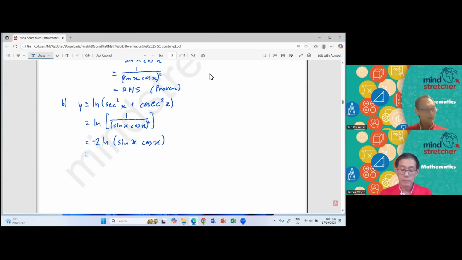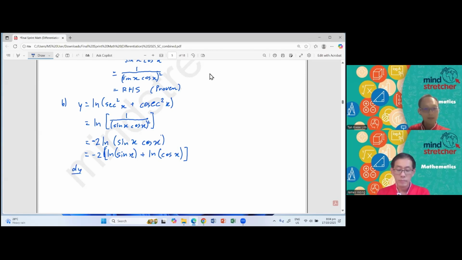So we will have the final form, which is -2 ln bracket sine x bracket plus ln bracket cosine x. I think I better write it with the brackets. It will be clearer for you to see as well. This is what you need to write first. Then from here, we can work on the differentiation.